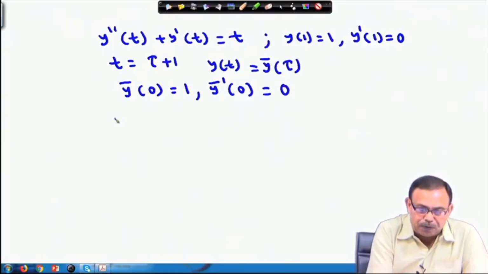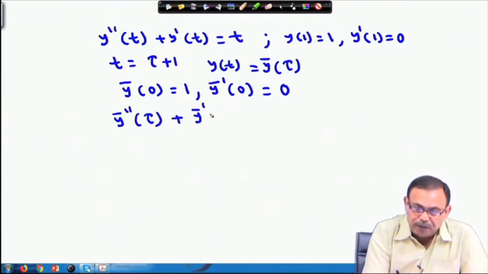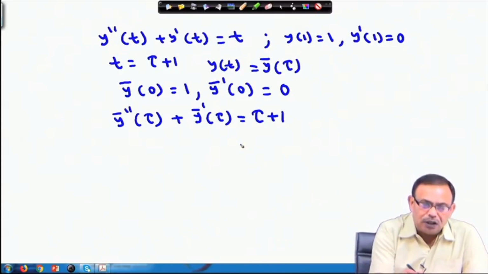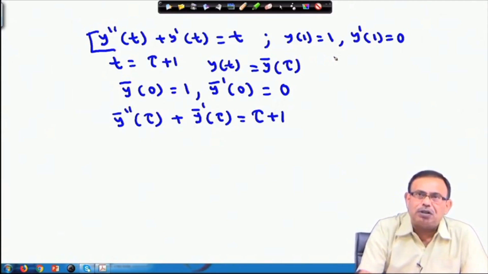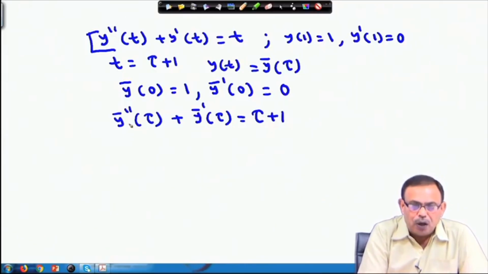And your problem is now transformed to y bar double dash tau plus y bar dash tau equals, with only t changed to tau plus 1, tau plus 1. So, you had the original problem, but since the conditions are not given at t equals 0, but at t equals 1, I am changing the parameter t, using a new parameter tau such that t equals tau plus 1 and y(t) equals y bar(tau). So, my conditions are now y bar(0) equals 1 and y bar dash (0) equals 0, and the ordinary differential equation changes to y bar double dash tau plus y bar dash tau equals tau plus 1.